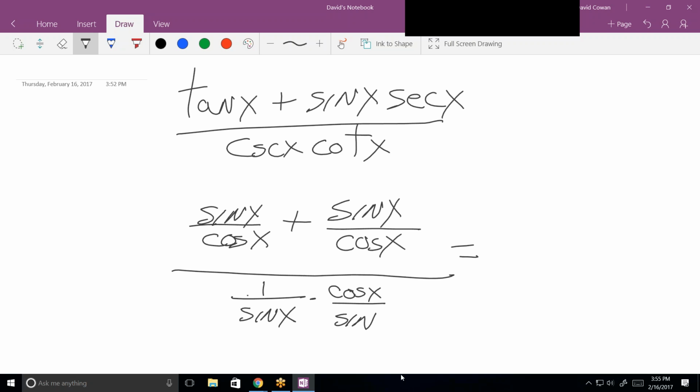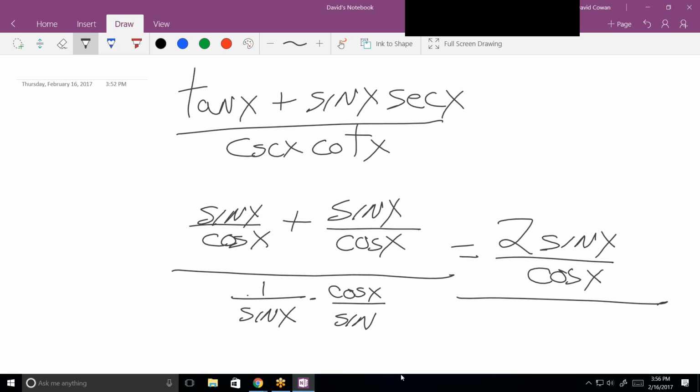But what does the top become? The top becomes sine of x, not squared, you're not multiplying, you're adding, so 2 sine x over the common denominator, over cosine x.